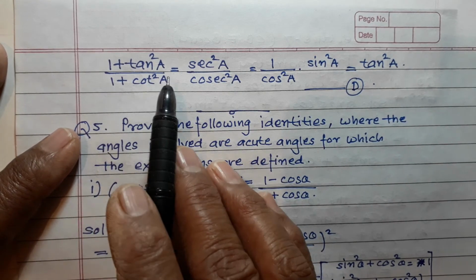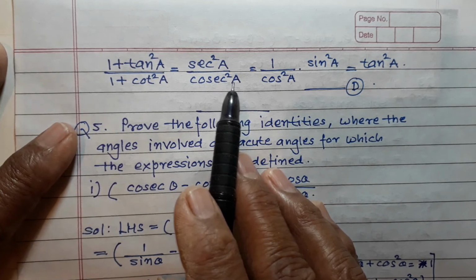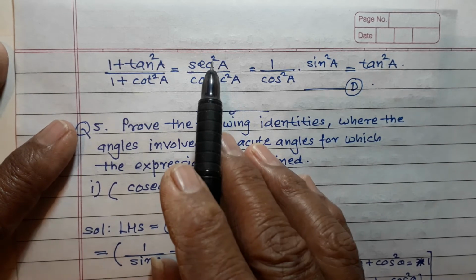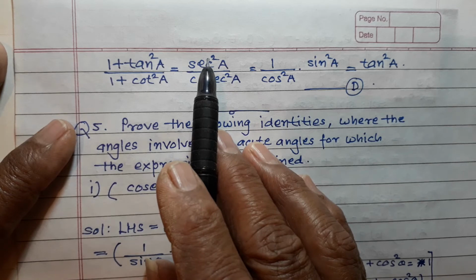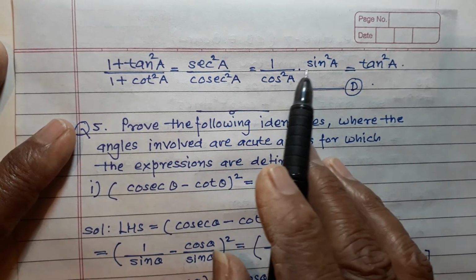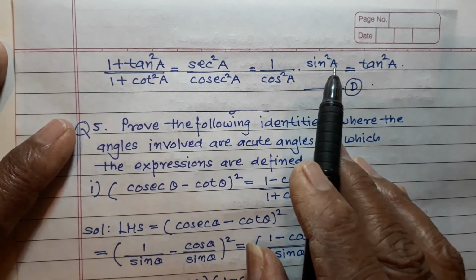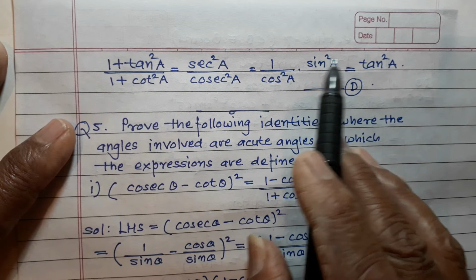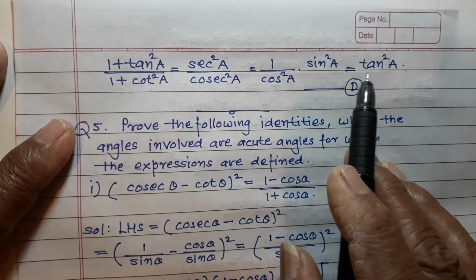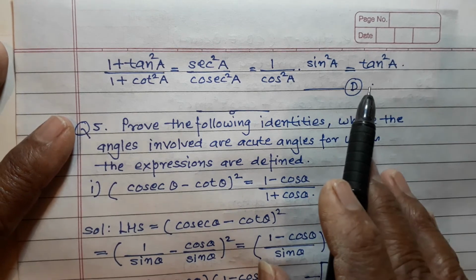Similarly, 1 plus cot square A is equal to cosec square A, identity. So convert this into basic ratios: 1 upon cos square A into sin square A. So sin square A upon cos square A is equal to tan square A. So your option is D.